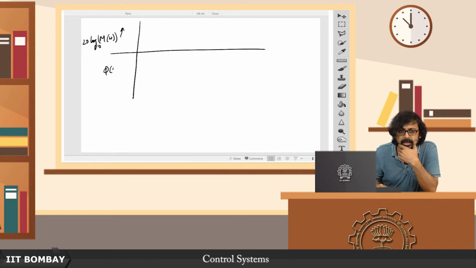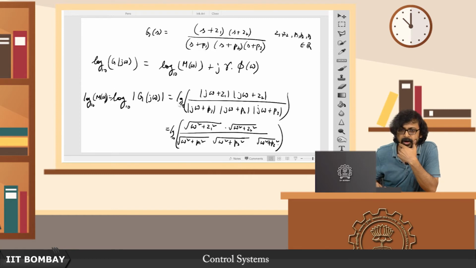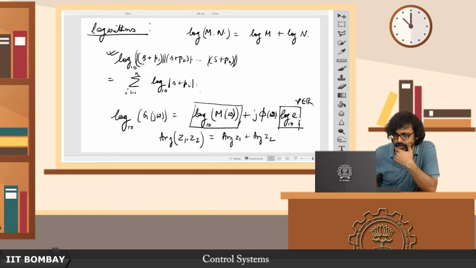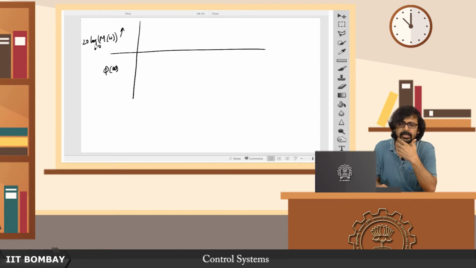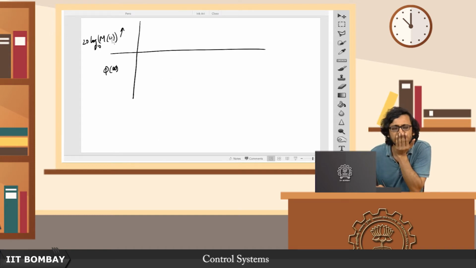Already we have seen that the imaginary part of this function is a scaled version, not exactly equal to φ, but some scaled version of φ, some gamma times, whether it's log to the base 10. But here also we see that although this appeared clean and clear as just the logarithm of M(ω), we are still multiplying it by 20, and you might wonder why.